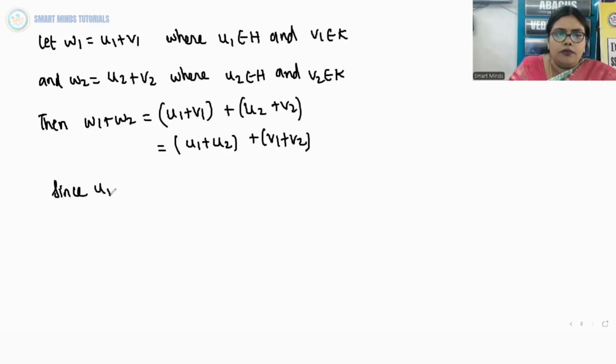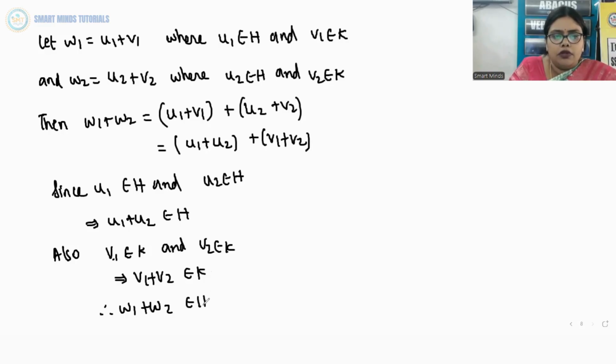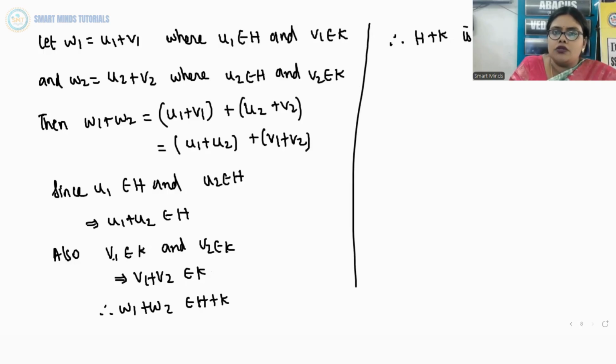Since u1 belongs to H and u2 belongs to H, we can say u1 plus u2 belongs to H. The same way, v1 belongs to K and v2 belongs to K, so v1 plus v2 belongs to K. Therefore, W1 plus W2 belongs to H plus K. Therefore, H plus K is closed under vector addition.